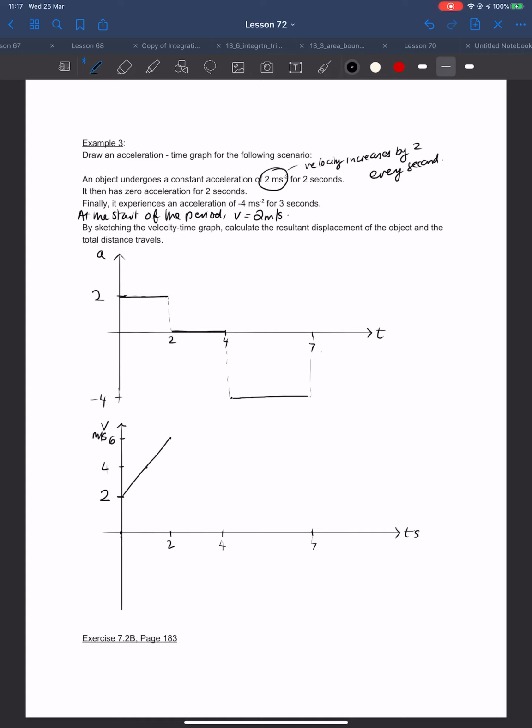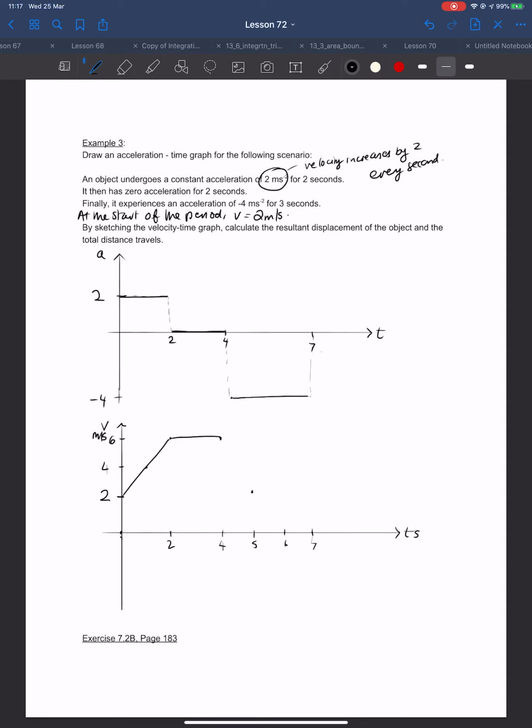Zero acceleration means that it stays at the same velocity for 2 seconds. And then it experiences an acceleration of -4 metres per second every second for 3 seconds. So it goes down by 4.